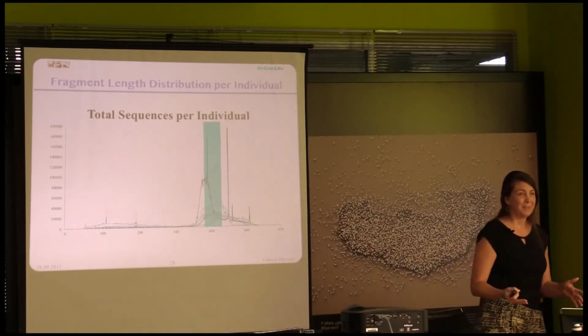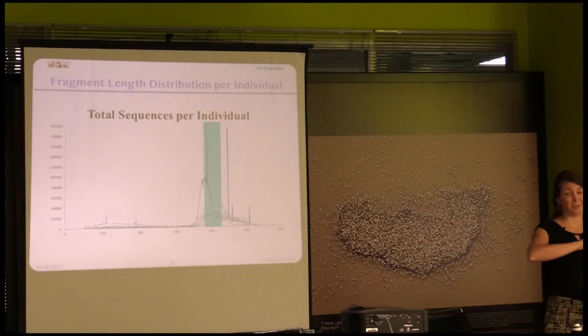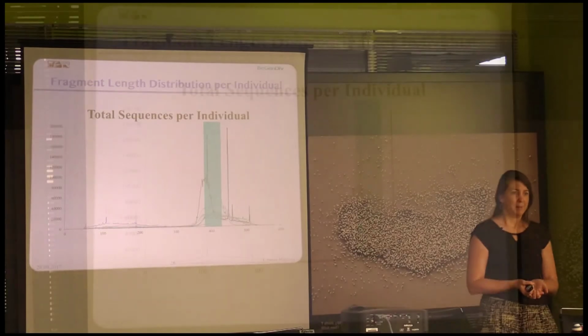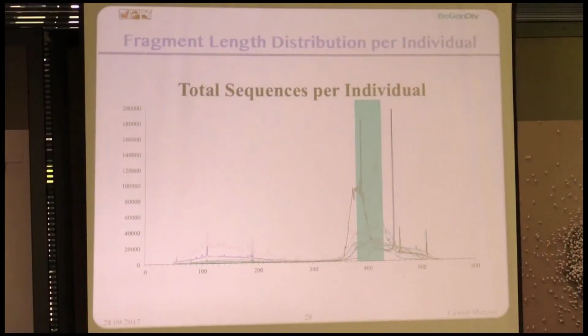And now is the problem. If you have a lot of data from one individual and little data for the other, you're going to generate artifacts. Because you're trying to treat all of them the same way. You're finding the same thresholds. You're using the same pipeline, the same parameters for things that have a very different amount of data. And a different amount of data means a different number of errors.